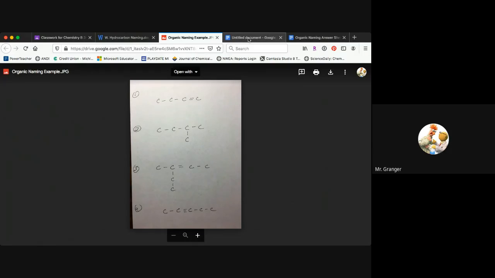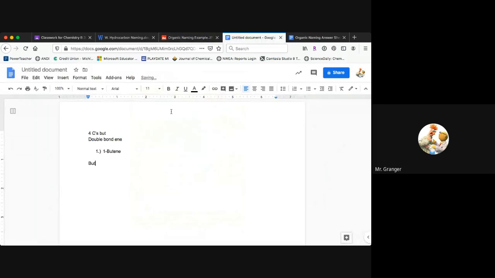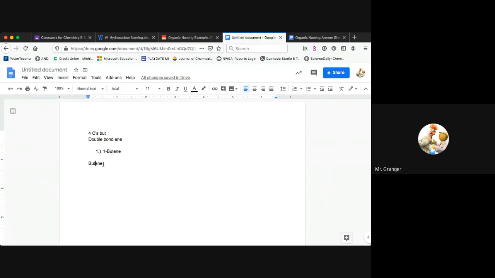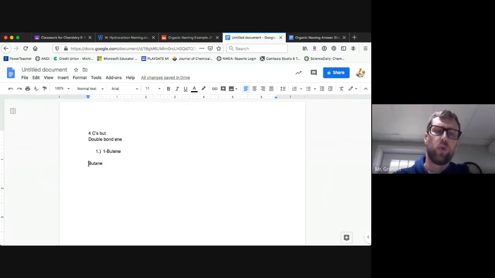So again, 4 carbons is bute. The suffix is going to be ane for all single bonds, right? Note that all of these are single lines connecting the carbons, so this is going to be an ane ending. So that's butane.